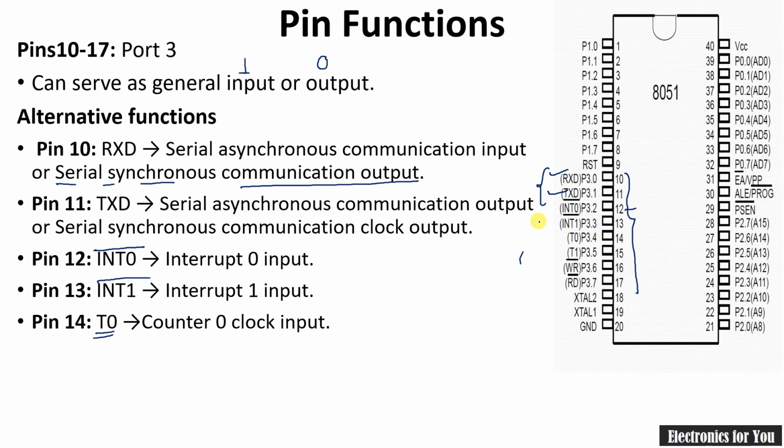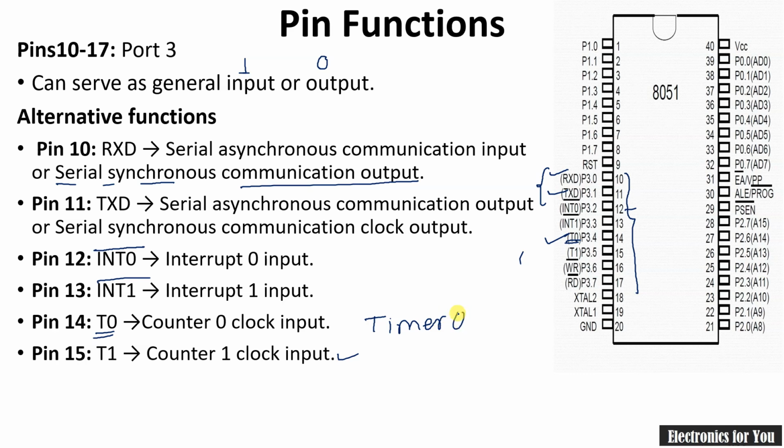This is pin number 14, that is P3.4, which also serves as T0, the input to the counter, and the next one will also be the input to the second counter. It is for timer 0, and pin number 15 is for timer 1.